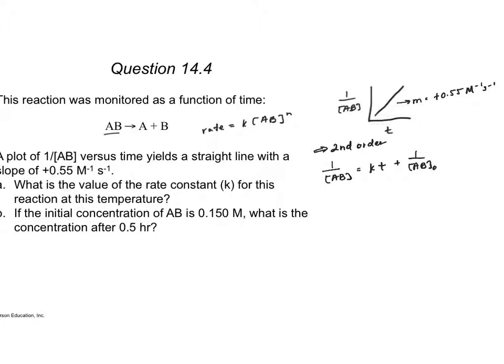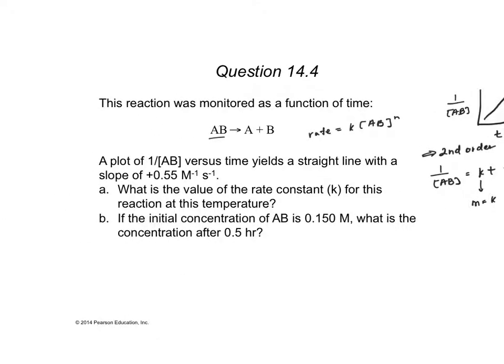So the slope is our rate constant, and it's directly equal because there's no plus or minus or anything here, right? On part A, they ask us what is the value of the rate constant. Well, that's just equal to the slope of the line. So K is equal to a positive 0.55 units of inverse molar inverse seconds.